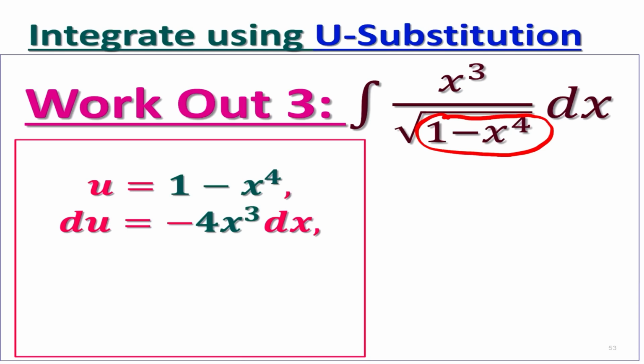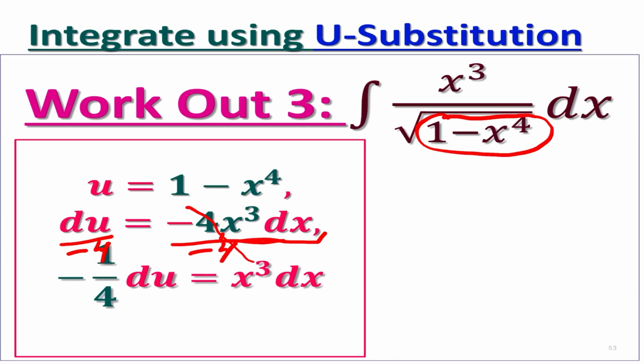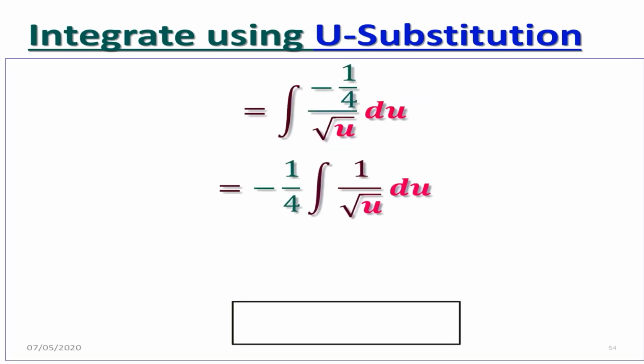And look at your original integral. We are given only x cubed dx. So we are not given negative 4. So in order to match your original integral, let's just divide by negative 4 both sides. So your x cubed dx is going to be negative a quarter times du. Now everything is ready to plug in.